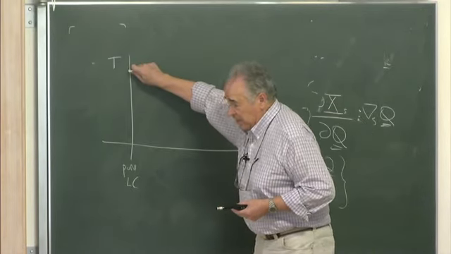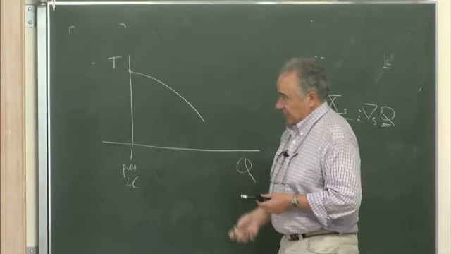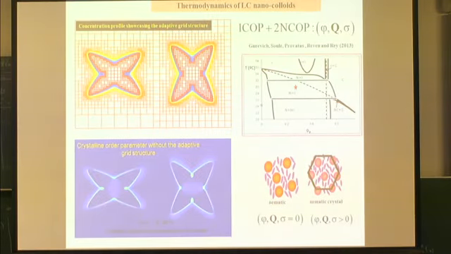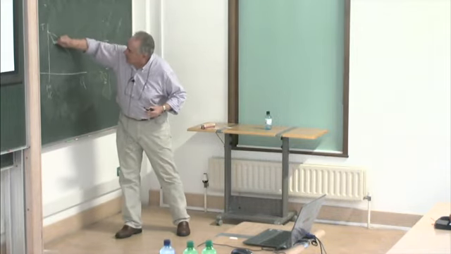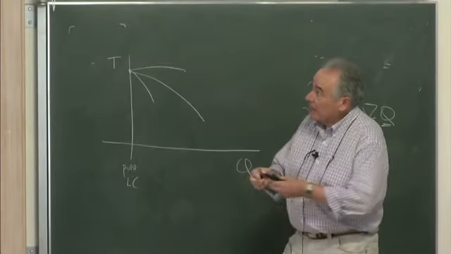The isotropic-nematic temperature decreases, and that's this dashed line. Because you have interaction, miscibility, entropy, this line splits into two. That's these lines here.